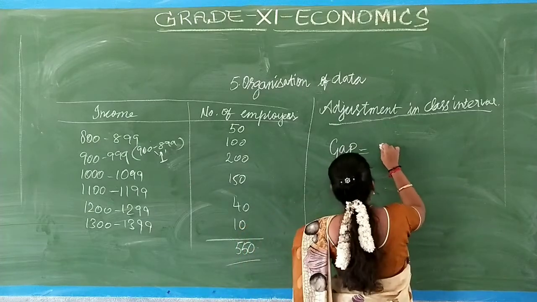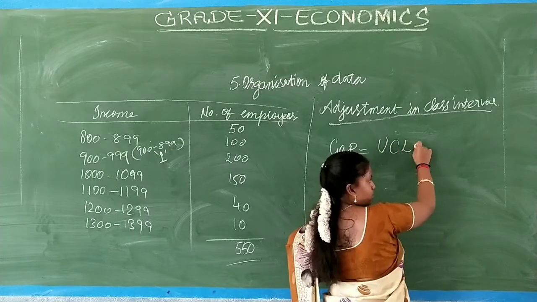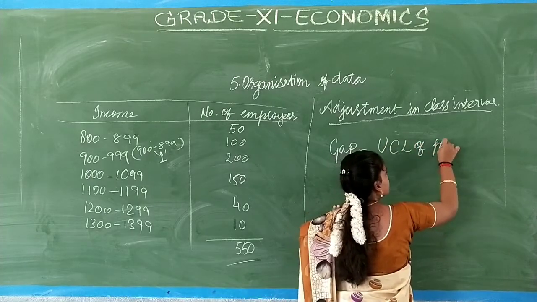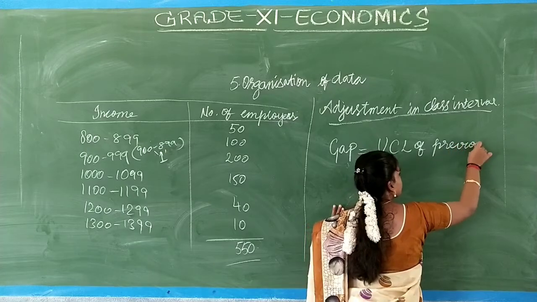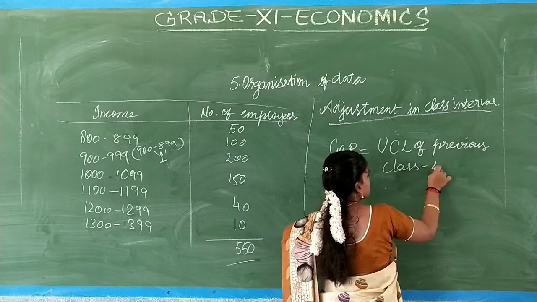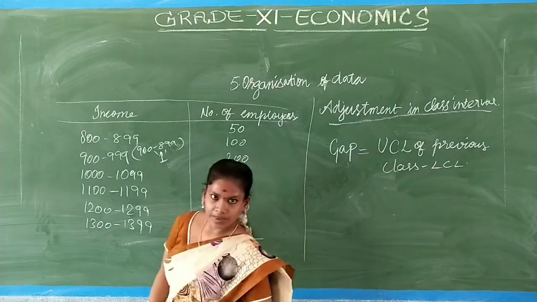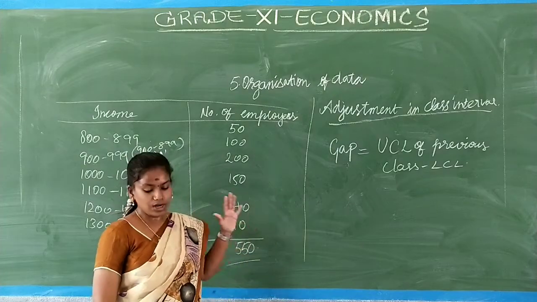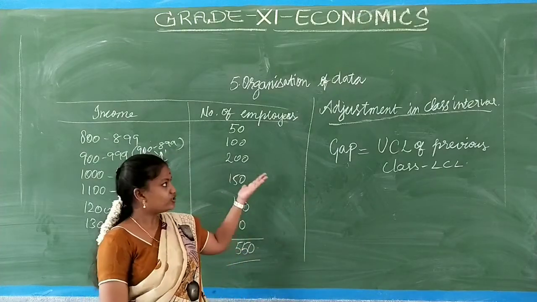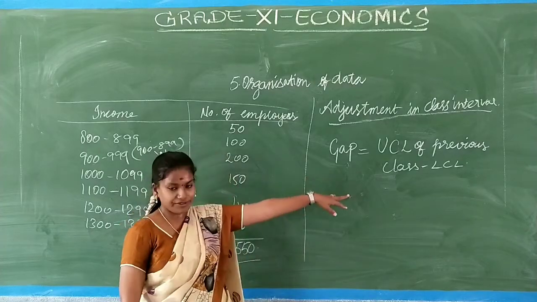The difference between the upper class limit of the previous class minus the lower class limit of the next class. There are various steps. First step, you need to find the gap for the adjustment.